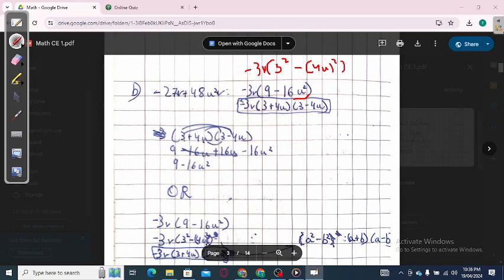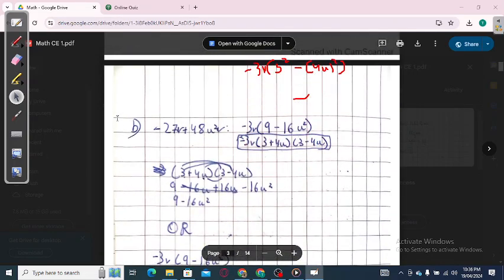Now do not be thrown off by this, it's still a squared minus b squared. It doesn't change. The 3 squared is the a, and the 4u squared is the b. It's just more than one value in the b. That doesn't matter. You do the same thing again.